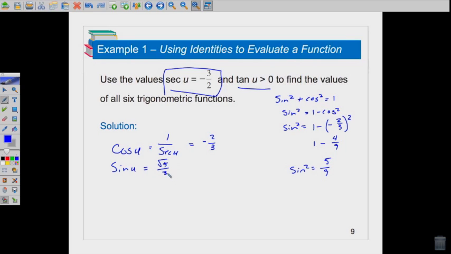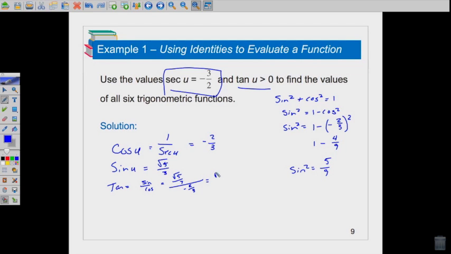Cool. Now that I have that, I can find tangent, because sine over cosine is tangent. Tangent equals sine over cosine, which in this case is square root of 5 over 3, over negative 2 over 3. Again, fractions are super important.